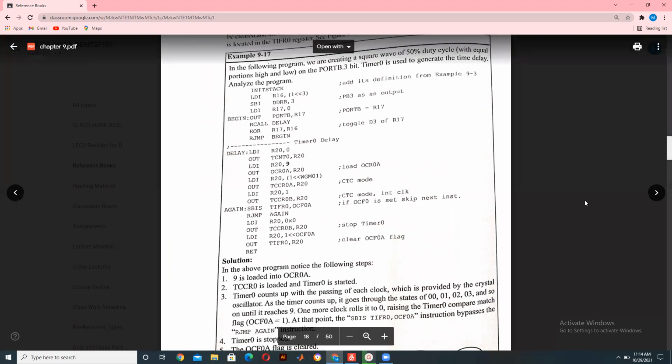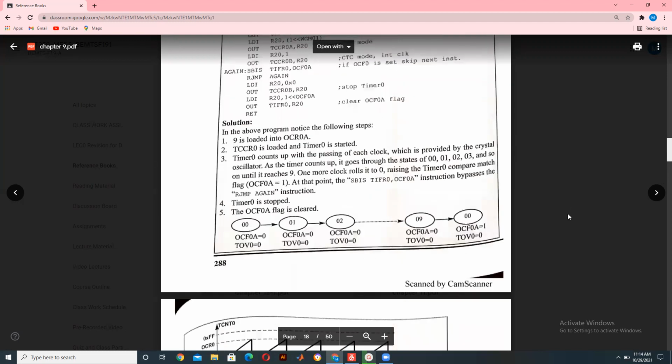Then timer 0 counts up with each pulse of the clock which is provided by the crystal oscillator. As timer 0 counts, it goes through the states of 0x00, 0x01, 0x02, 0x03, and so on. As the timer counts up and reaches 9, one more clock rolls it over to 0, raising the timer compare match flag.